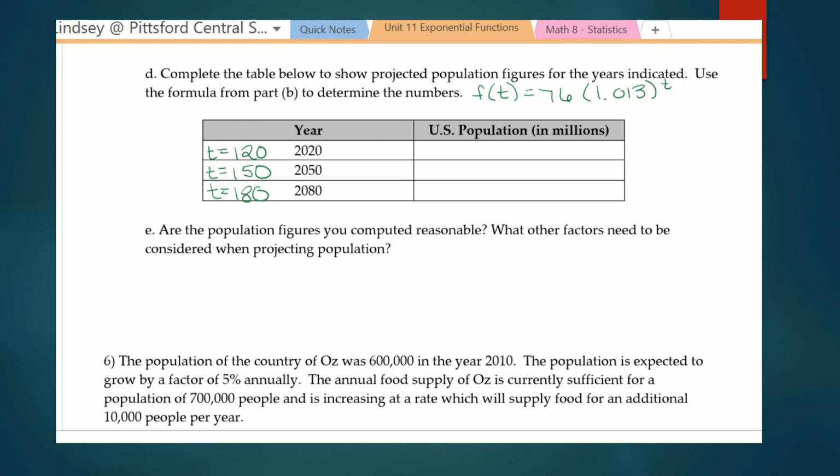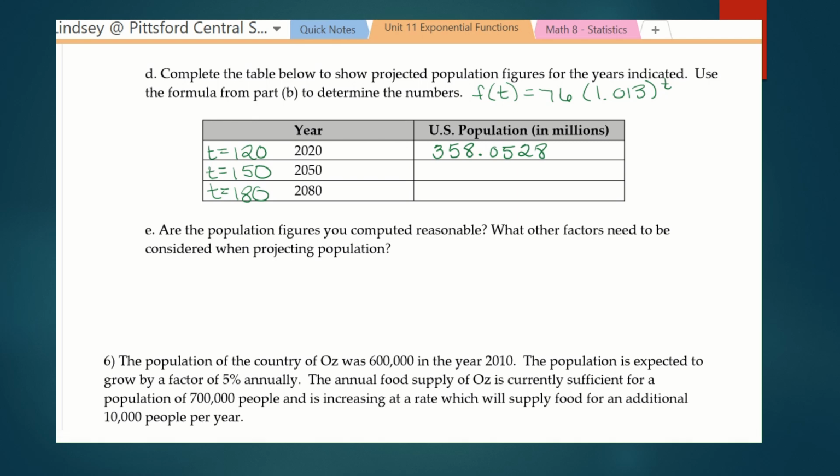Okay, so starting with 2020, 76 times (1.013) raised to the power of 120 gives us 358.0528. Again, I'm going out 4 decimal places here.